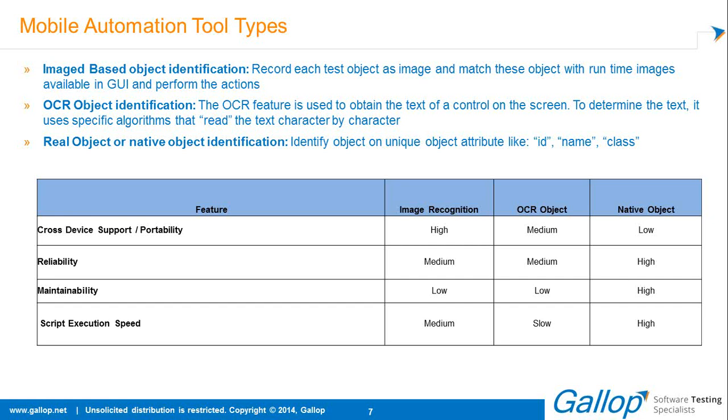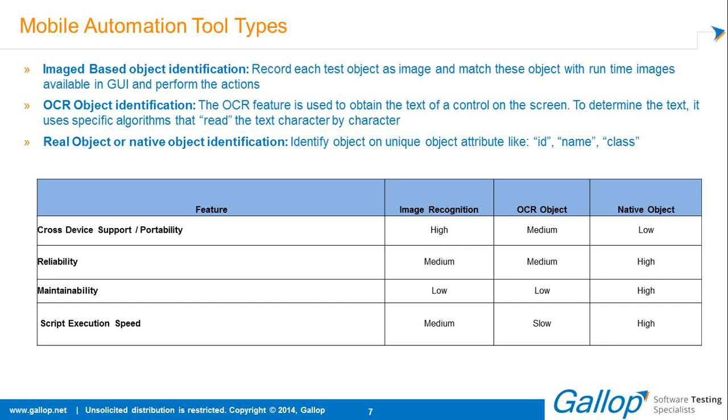So now that we have seen the advantages and disadvantages of the different types of tools, let us dig down a bit deeper into the application architecture itself. Two of the most popular operating systems out there are iOS and Android. The iOS applications are basically built using Objective-C, and it has a certain architecture.